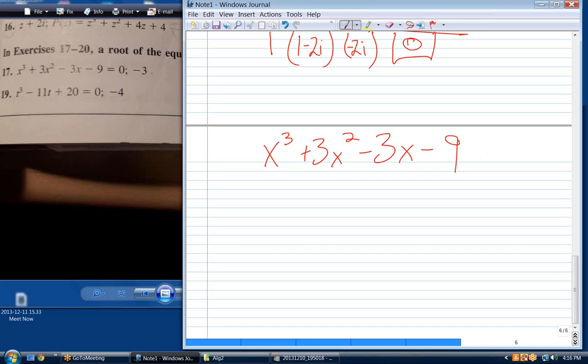Well, first of all, let's notice some stuff about this. Is there any other way we could solve this without knowing one of the solutions? They're telling us that one of the solutions is minus 3, and we'll get to that in a moment. But do you have any ideas on how to solve that without knowing one of the solutions?